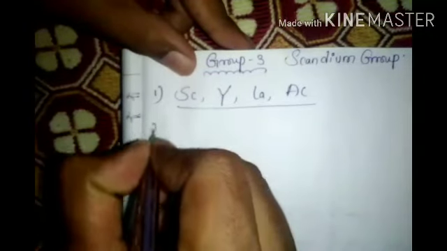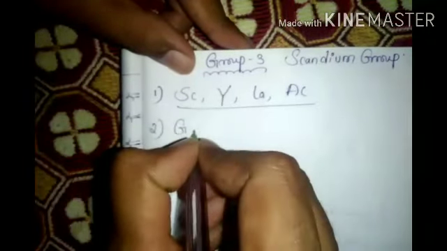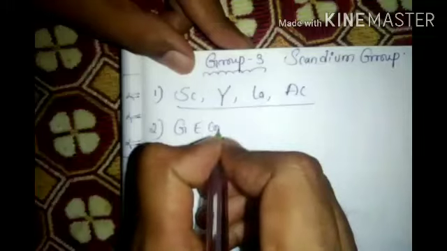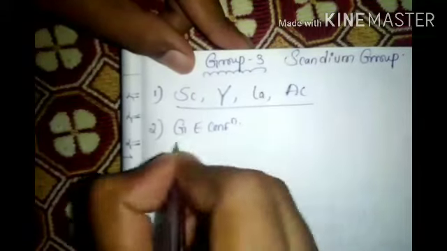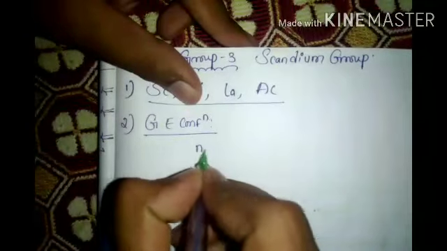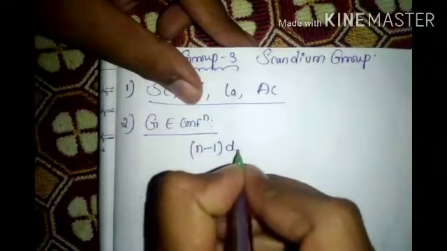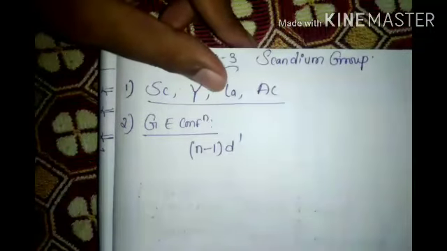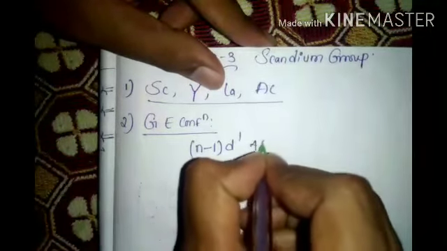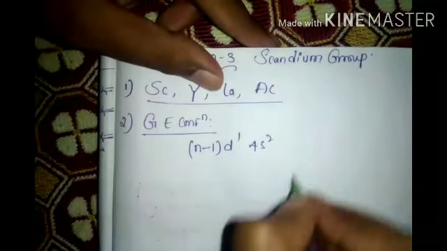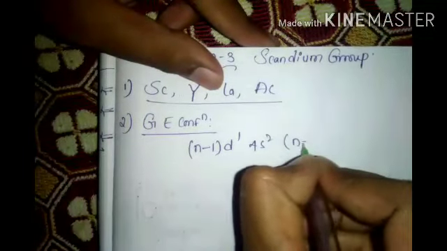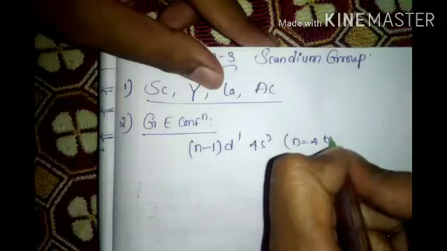Next, second point, general electronic configuration. The general electronic configuration is (n-1)d1 ns2, where n is 4 to 7, any one number.